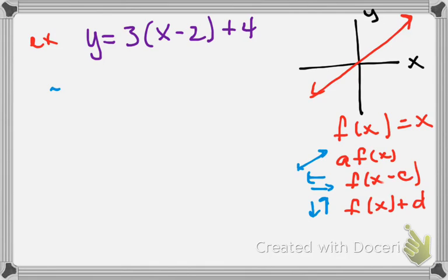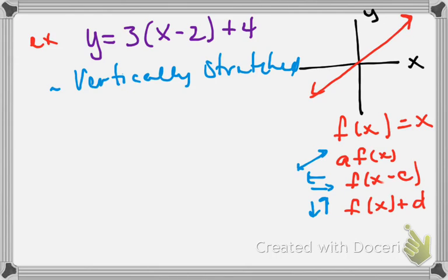Remember the number is outside the parentheses, so we got to say vertical. Think of the line: if we're touching the vertical axis, what do we do to the vertical axis to make it more steep? We stretch it. So we're going to say vertically stretched, because it's going to get bigger, which means more steep.